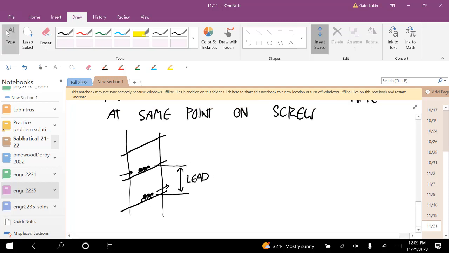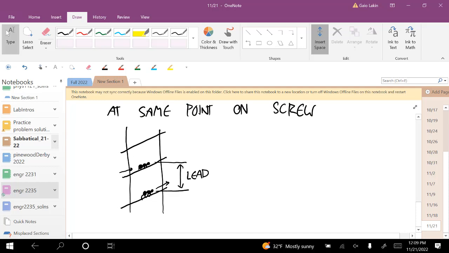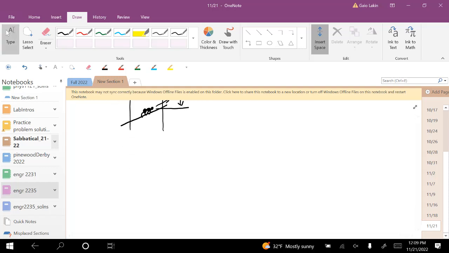But the difference is sometimes some kinds of threads, the ant would not get from there to there. So the lead is different from the pitch.